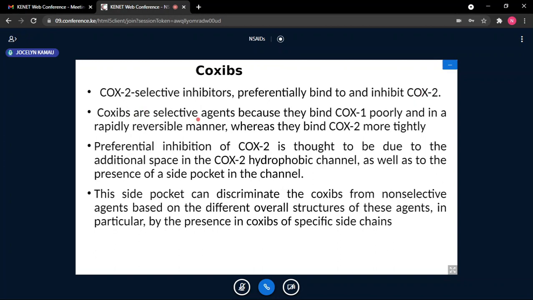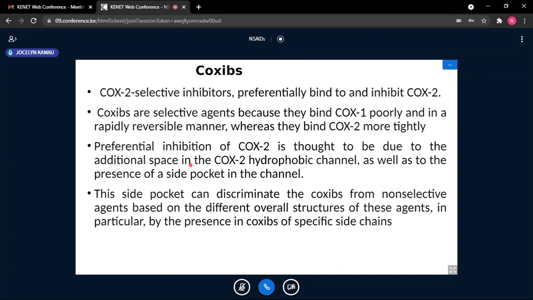So coxibs are selective agents because they bind COX-1 poorly and in a rapidly reversible manner, whereas they bind COX-2 more tightly. Preferential inhibition of COX-2 is thought to be due to the additional space in the COX-2 hydrophobic channel. Note here, there is an additional space in the COX-2 hydrophobic channel, as well as the presence of a side pocket.